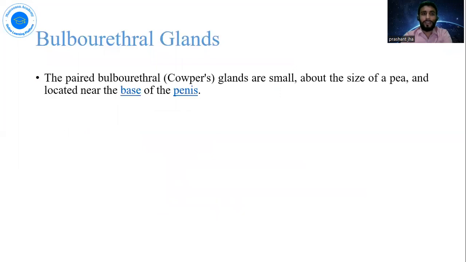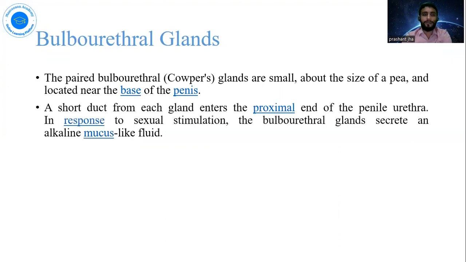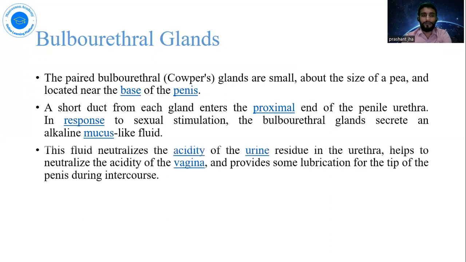Next are the bulbourethral glands. The paired bulbourethral glands, known as Cowper's glands, are small, about the size of a pea, and located near the base of the penis. A short duct from each gland enters the proximal end of the penile urethra. In response to sexual stimulation, the bulbourethral glands secrete an alkaline mucus-like fluid.